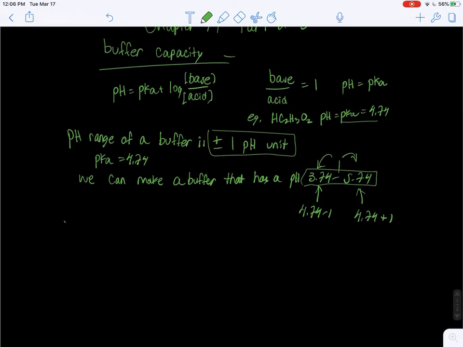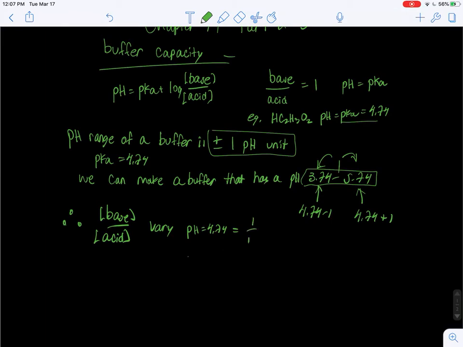So therefore, what this means is that the base to acid ratio, okay, is going to vary, okay, for the 4.74, that's going to be 1 to 1, right?